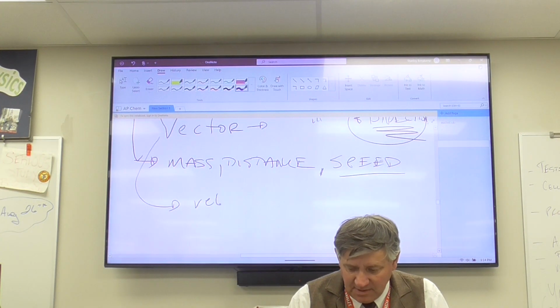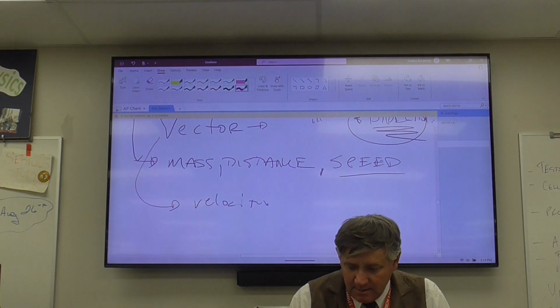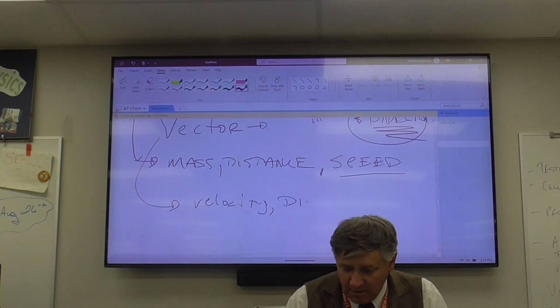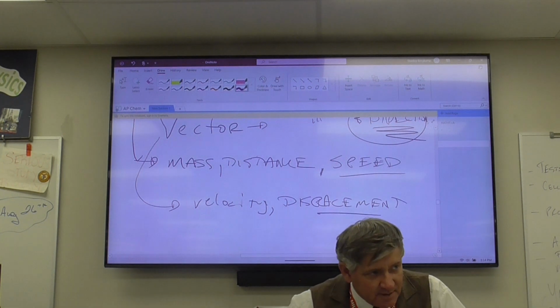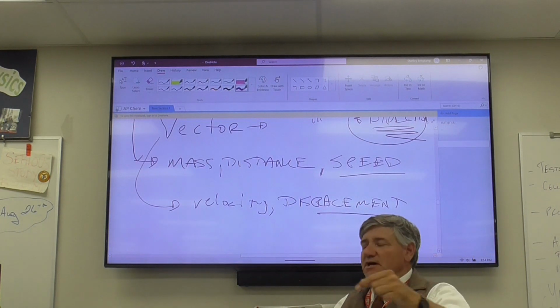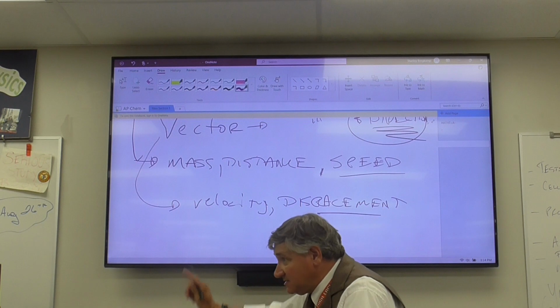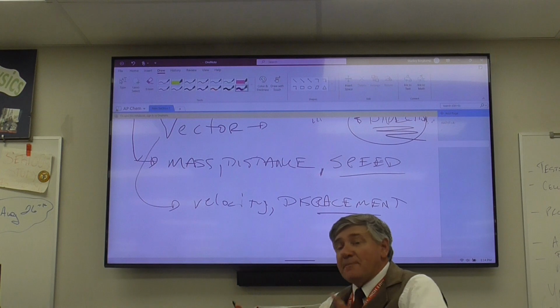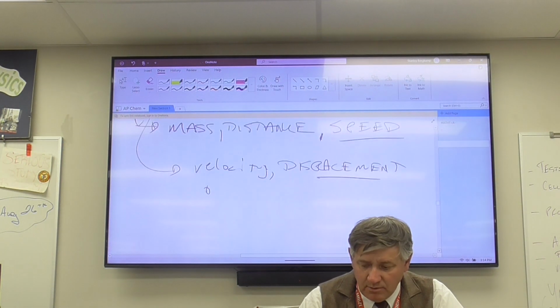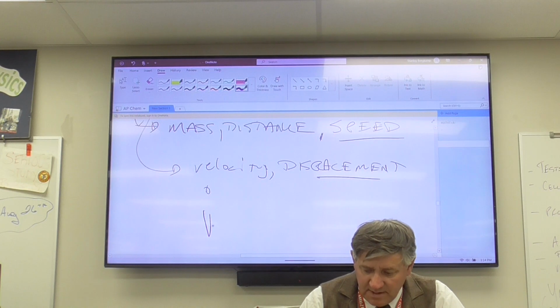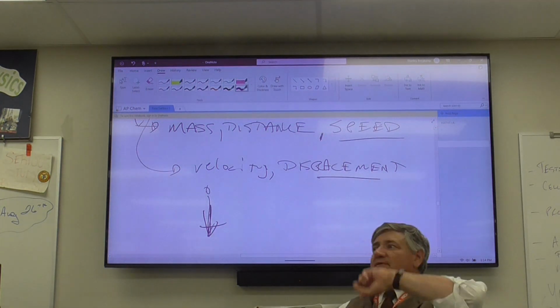Now, if Luke says, I live 5 miles south, the vector quantity equivalents of that are velocity and something called displacement. So displacement is a distance with a direction. As soon as Luke says, I live 5 miles south, that becomes a vector quantity, because then I can say, here's the school, Luke lives 5 miles in that direction.